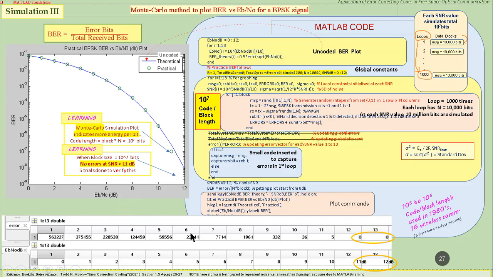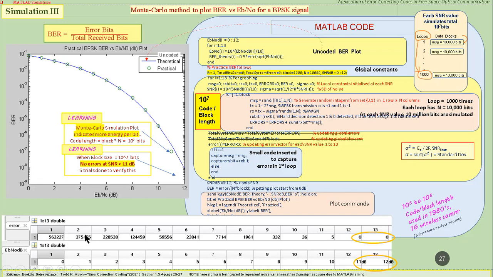So this is the snapshot of the database in which, when the energy was 0 dB, 5,63,227 errors were captured. And as SNR increased, since with iterations I am increasing the SNR from 0 dB to 12 dB, it is calculating the variance.